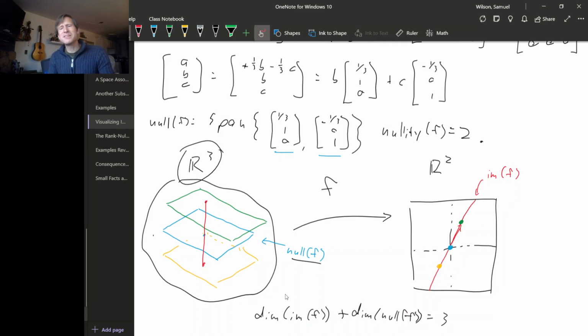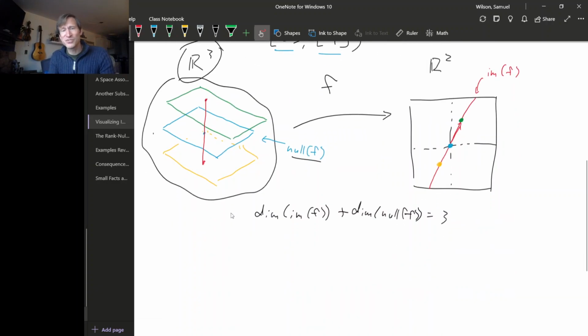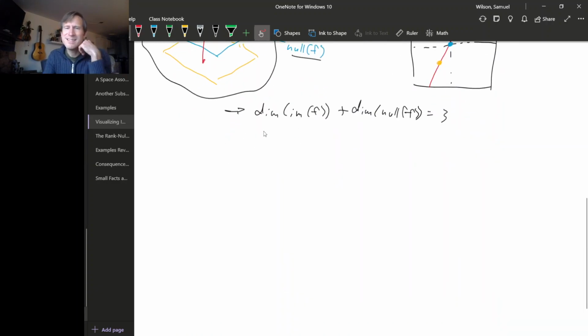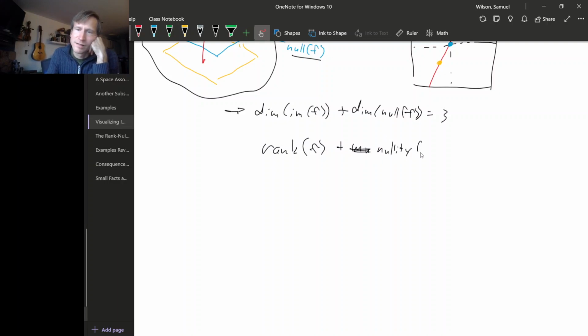So this kind of makes you wonder. This is just for this particular example, but the dimension of the image is the rank, and the dimension of the null space is the nullity. And this 3 was here because that's the dimension of the domain space.